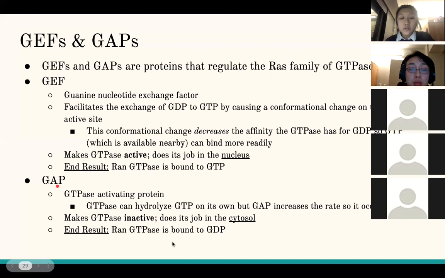So instead of GTP, which is 3 phosphates, you're cutting it so that there's a gap between the phosphates, and now you only have 2 phosphates. So if you can remember that gap causes it to become bound to GDP, then you can naturally remember that the opposite would be GEF, and that would be GTP.